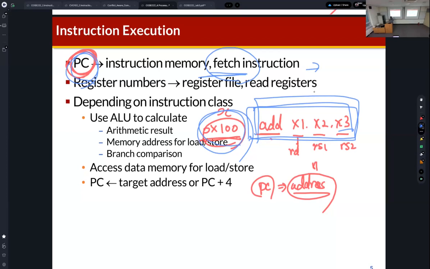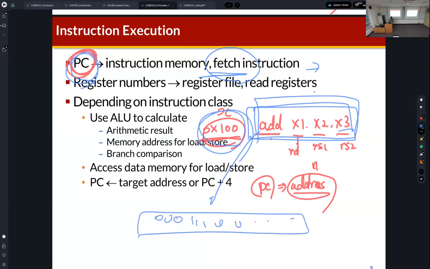Then, if this instruction is fetched from the memory, it is binary data, right? So this is machine code, like 0001111. Actually, this machine code is given to a processor. So what is required?